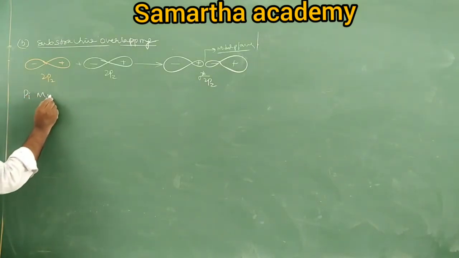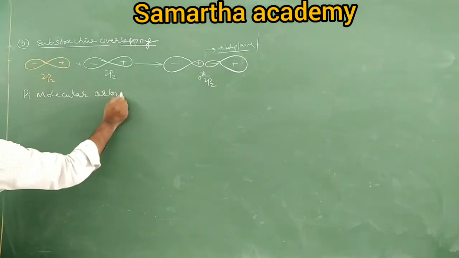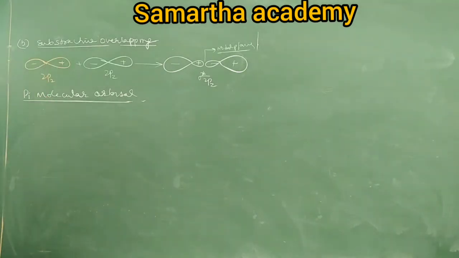Next, pi molecular orbital. Come on. What is a pi molecular orbital? The molecular orbitals are formed by lateral or sideways overlapping.